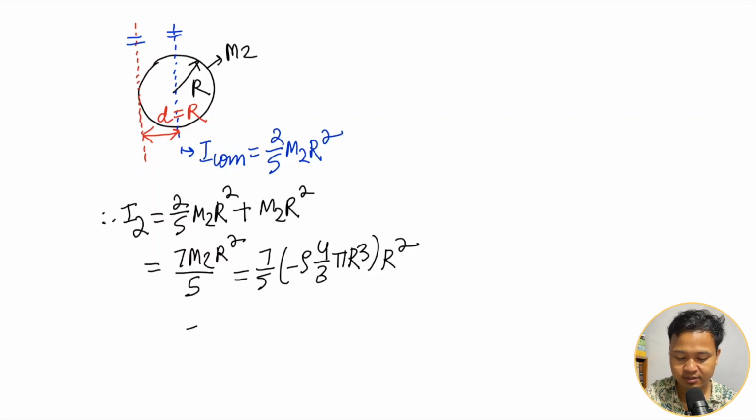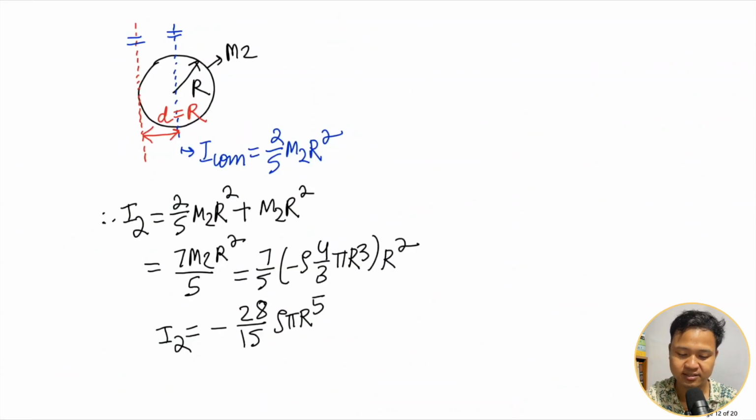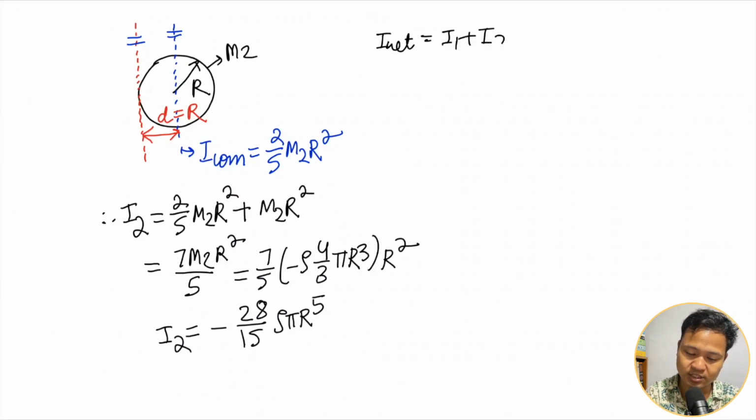Okay, so is that no problem? 7 times 4 is 28 by 5 times 3 is 15, rho into pi r power 5, with a minus sign, for I2. Now the question asks for the ratio of the smaller part divided by the rest part. For the rest part, I net is I1 plus I2.